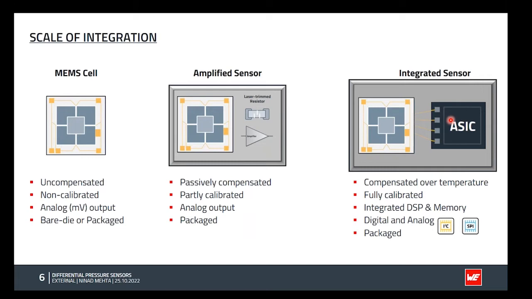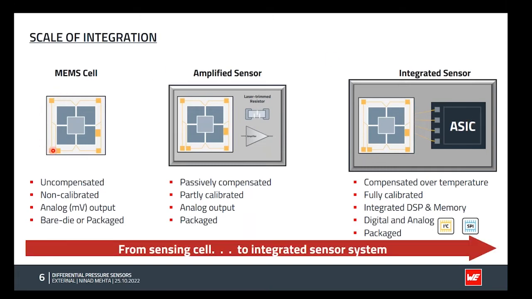During the calibration process in production, the calibration coefficients are also stored, so that when you fire up the sensor, these coefficients are loaded and you always get a digital, fully calibrated output. And there are also digital and analog interfaces inside the IC, so that you can directly connect them to a microcontroller or host controller.